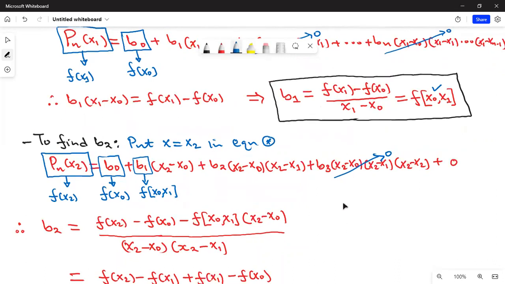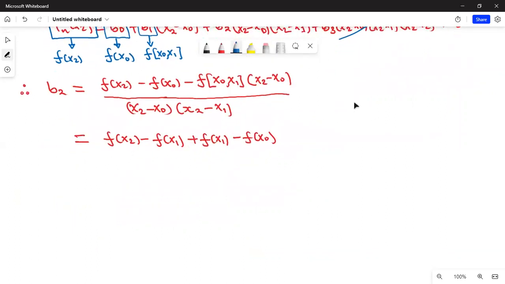So I'm going to replace it by its value: minus f of x1 minus f of x naught, everything divided by x1 minus x naught, times x2 minus x naught.